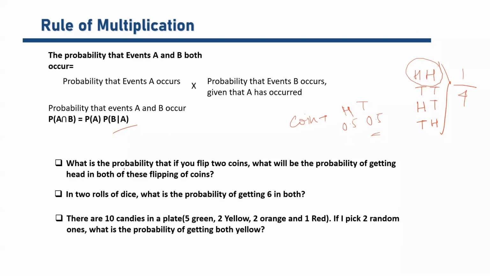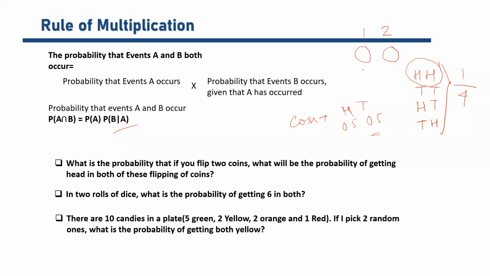Reiterating again, if you flip two coins, what will be the probability of getting heads in both of these flippings of coins? You have two coins, coin 1 and coin 2. What are the events which might happen?